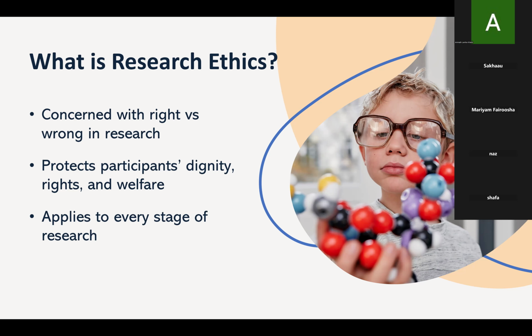So research ethics allows us to identify and ensure that we do right by the participants, and not only the participants, but we also do right by the environment, by knowledge, by academic integrity and academic freedom. So we do right not only by the persons, the participants, but right by the discipline. So it's concerned with what is right and what is wrong.